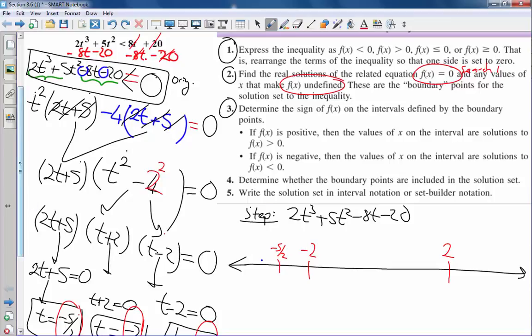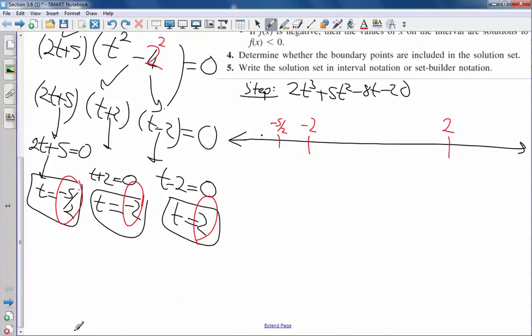I just need to check when I'm lower than minus 5 over 2 here, whether this thing is positive or negative. How can I check that? Or when I'm between minus 5 over 2 and minus 2, I want to check whether this is positive or negative. How can I test?